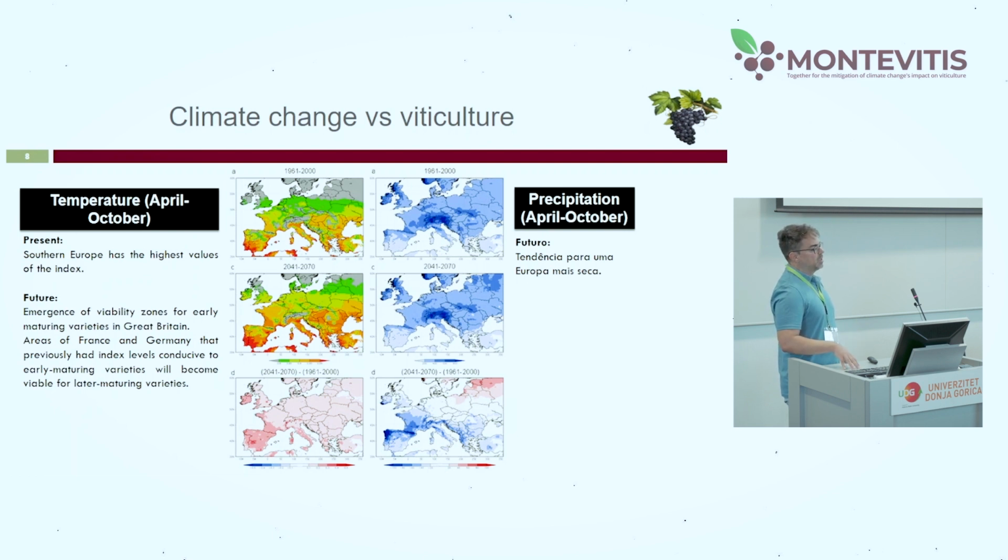If we use different climate models, this is a simulation using about 10 to 12 climate models, and the above maps are from the recent past, the maps in the middle are for the future, and these maps here are the differences. And the differences show that temperatures are obviously increasing, particularly in southern Europe, and precipitation is decreasing also in southern Europe.